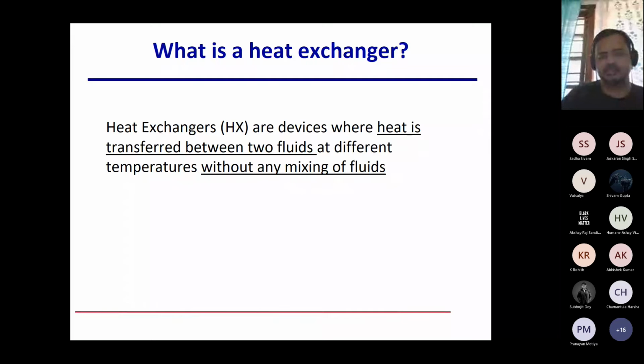There are certain things which I'm going to show in slides, and then certain derivations, problems, etc., which I'm going to do on the equivalent of the blackboard, which is my writing tablet. Now, what is a heat exchanger? As I said, these are devices where heat is transferred between two fluids at different temperatures without any mixing of fluids.